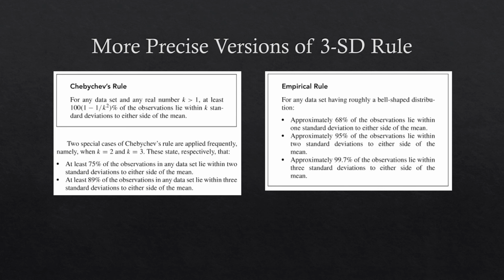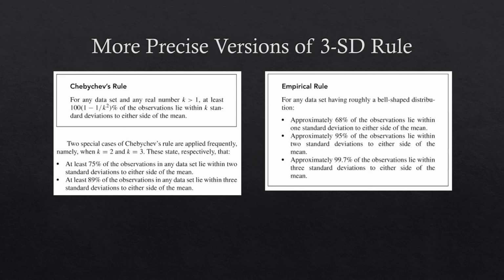Basically what the empirical rule says is if we have a normally distributed data set, a bell-shaped curve, 68% are going to lie within 1 standard deviation, 95% of the observations will lie within 2 standard deviations, and 99.7% will lie within 3 standard deviations. So that's a big deal. You can tell exactly how much of your data is lying in a certain area based on the empirical rule if it's normally distributed, if it's a bell-shaped curve.